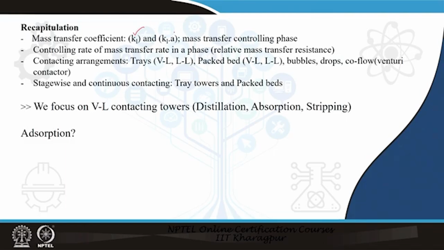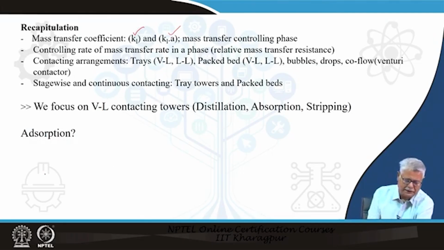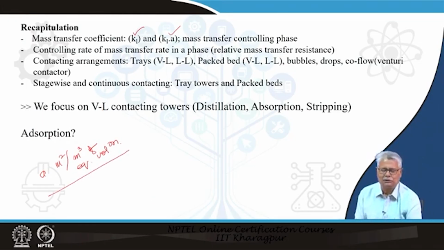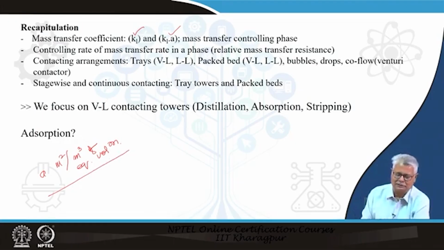We also had a term K_L into a, a multiplication with a, which is the specific area, in meter square per meter cube of equipment volume, or phase volume, or whatever is the total volume of the system. The mass transfer rate depends on K_L, and we can improve it by improving a as well. That is what I wanted to emphasize at this particular point.